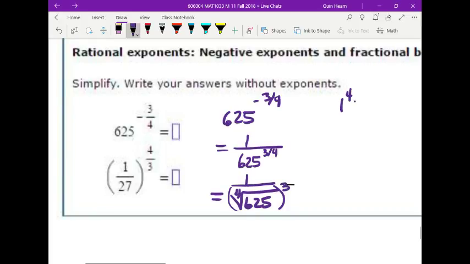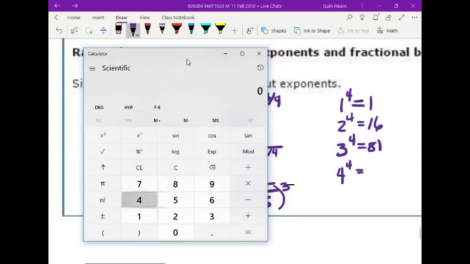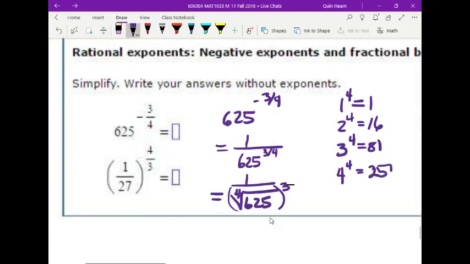So to do the radical first, we would say 1 to the 4th is 1, 2 to the 4th is 16, 3 to the 4th is 81, 4 to the 4th is, what is that? Let me get my calculator out. I'm blanking out on that one. 4 to the 4th power is 256.